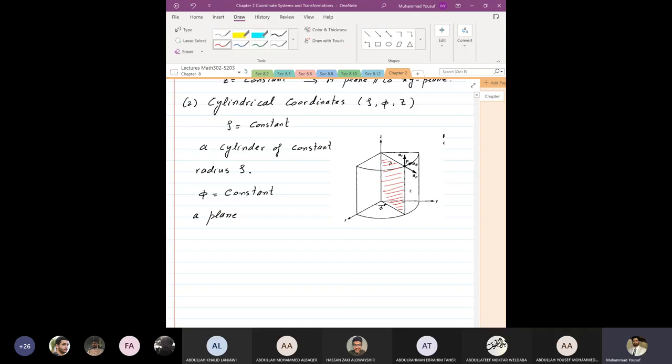Actually, since it is starting from the z-axis, we can also say it is a half plane.